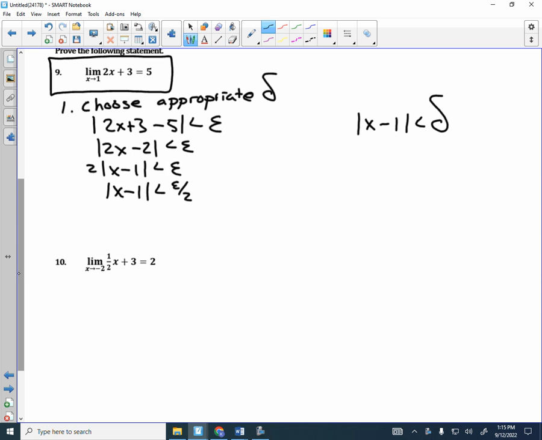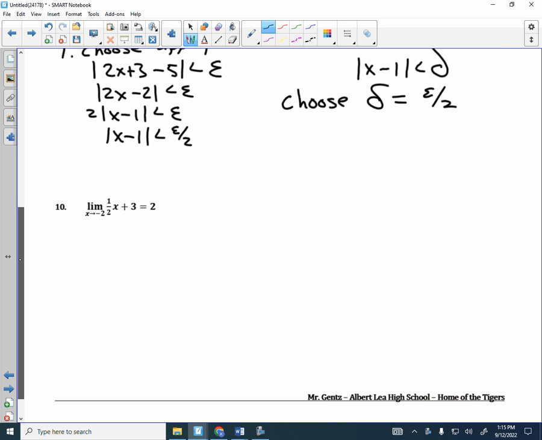Yeah, it's just instead of a delta, there's an epsilon over 2. So we choose delta equal to what? Epsilon over 2.